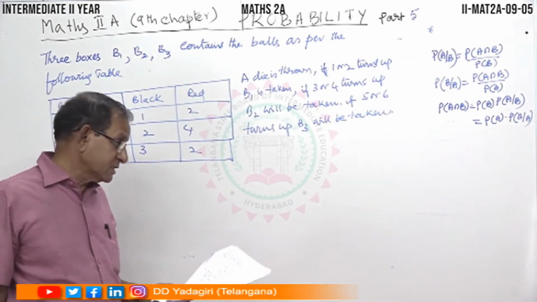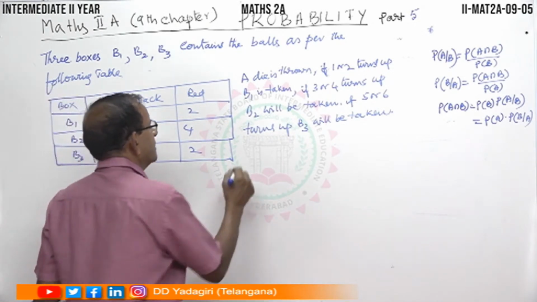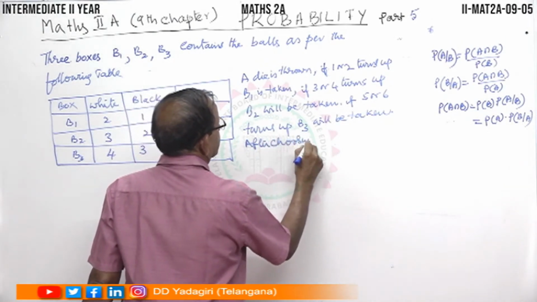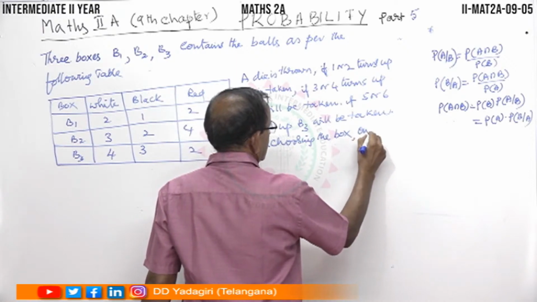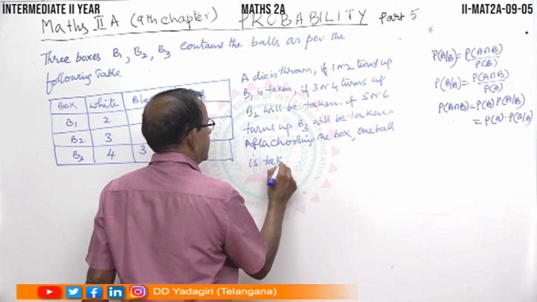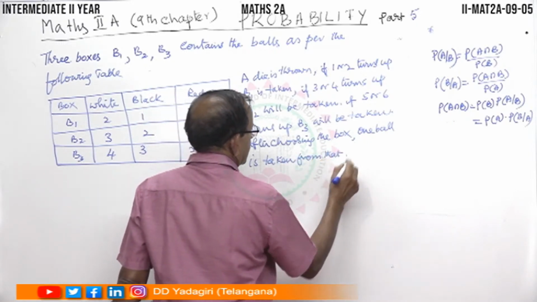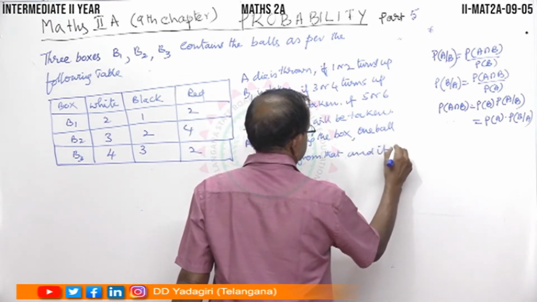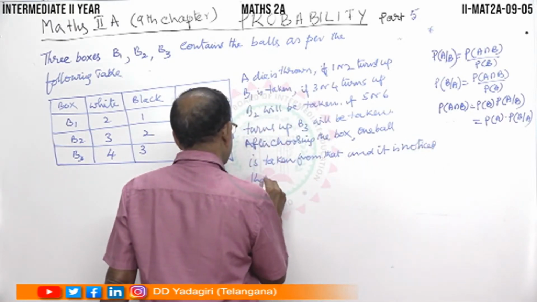After choosing the box according to that, one ball is drawn from it, and it is noticed that the ball is red.